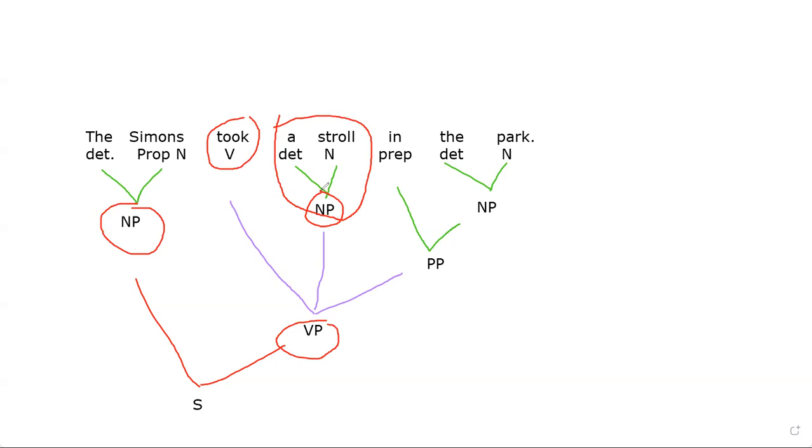Do I have any adverbials that are modifying the verb? Yes. And that in this sentence is a prepositional phrase. Okay. Inside a prepositional phrase, I know I always need an object of the preposition. Where is that? That's represented here in my noun phrase. So I've got all my pieces lined up.